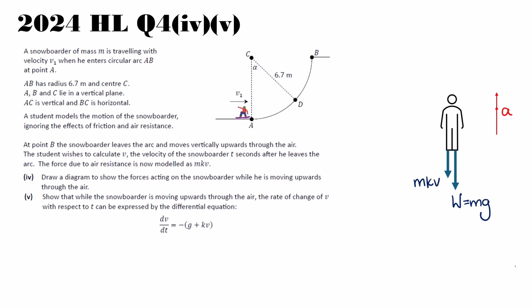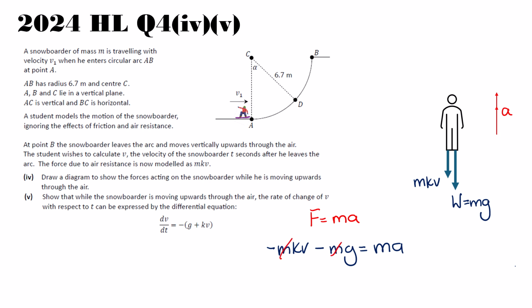So when we're working with this diagram, part 5 asks us to create this differential equation, which is the rate of change of velocity with respect to time. We start with our F equals ma. Our forces, so we're taking upward as positive because that's the direction of motion. So we get minus mkv minus mg is equal to ma.